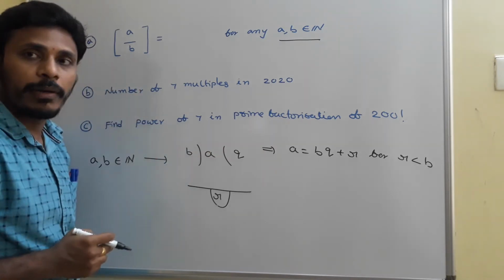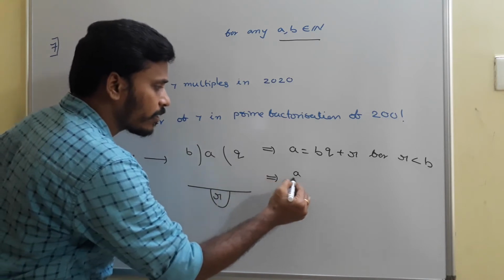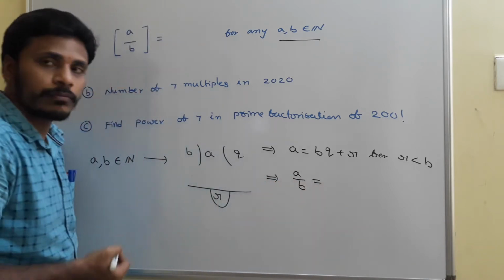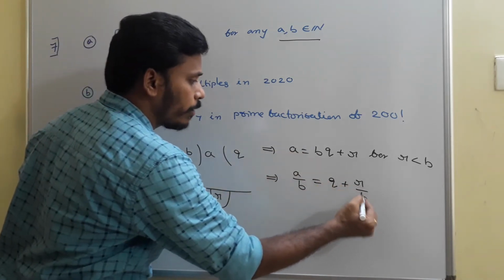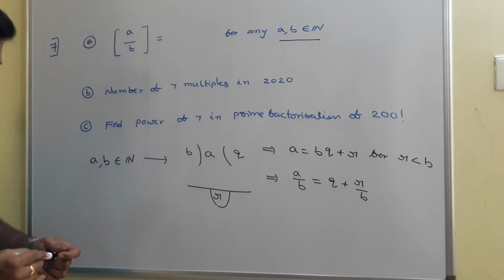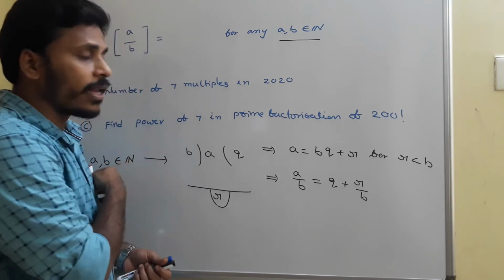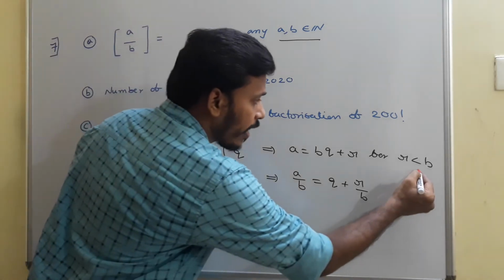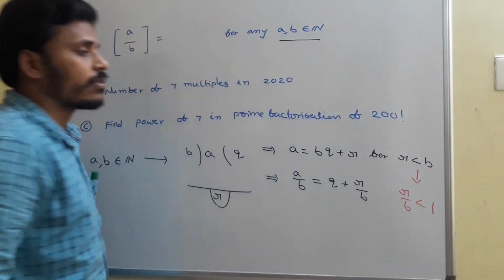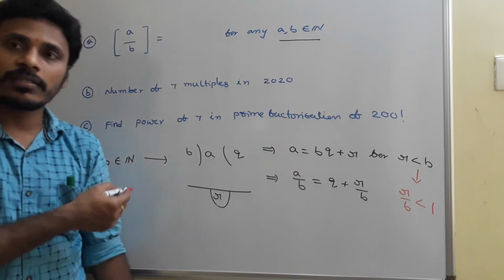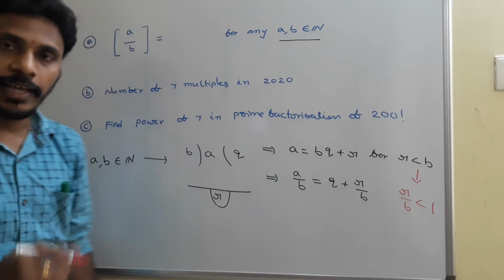Next, to calculate step of a by b, divide everything with b. Then this implies a by b is equals to bq by b, which is simply q, plus r by b. Is it right? Just have a look. On the other side, as a restriction, we have r less than b. Since r is less than b, if you divide with b, r by b is for sure less than 1. Since we are discussing the naturals, this r by b is for sure positive and less than 1. Okay.